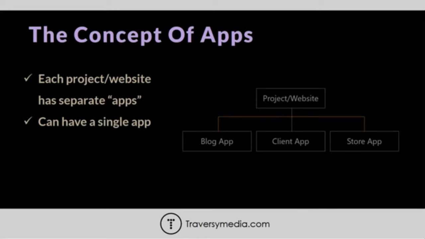Of course, you can have a single app in your website, if it's a blog, and that's basically what we'll be doing. That's just fine. You can also move apps from one project to another pretty easily, and you can even use other people's apps pretty easily. So this whole paradigm is very flexible and very scalable and reusable.